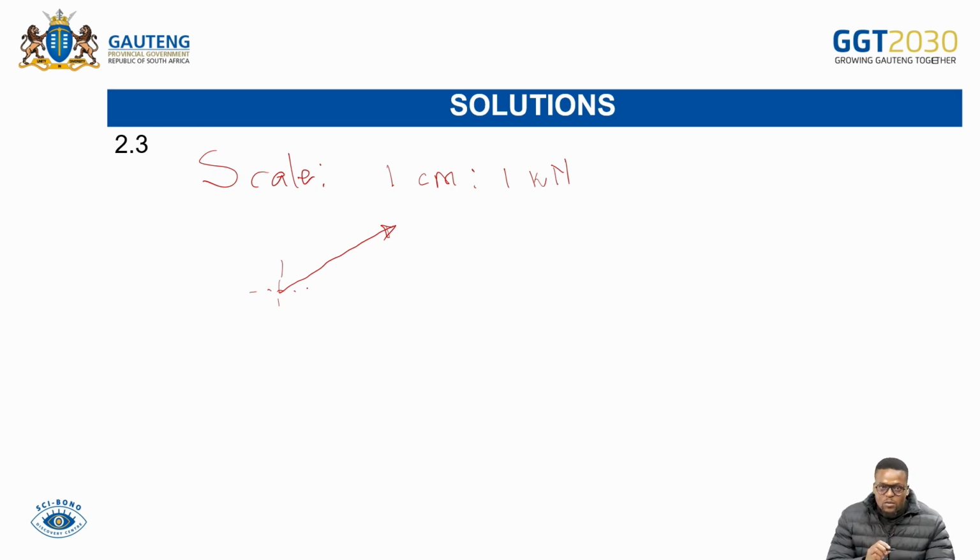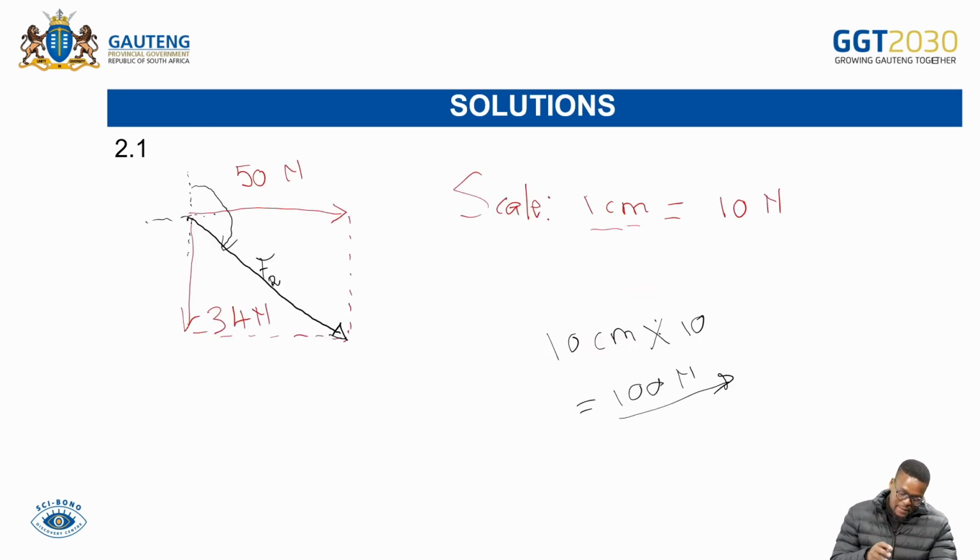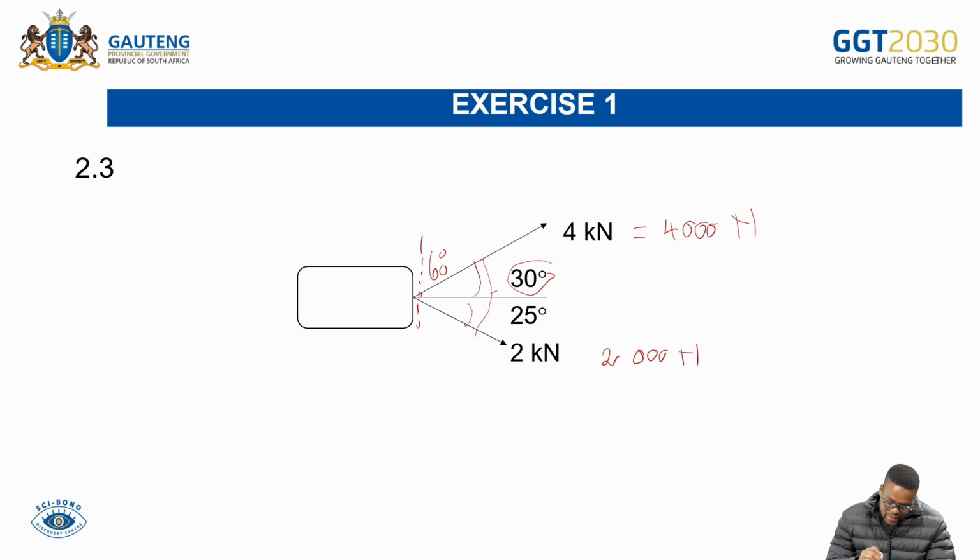So after that, what do we do? For 2 kilonewtons, if you are starting from 0 up to this point, it's going to be 60 plus 30 plus 25, which is 115 degrees.